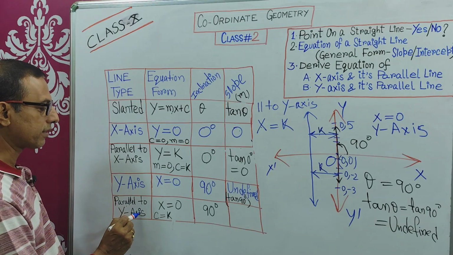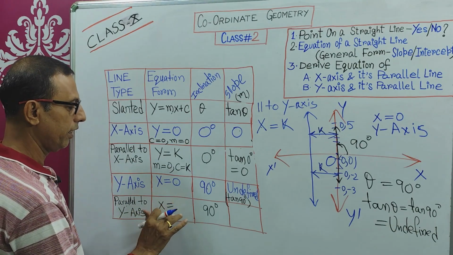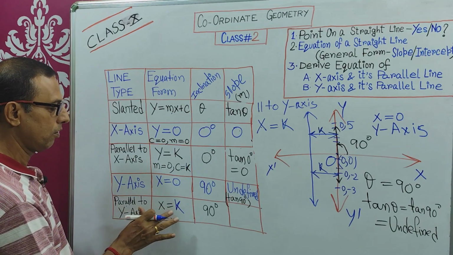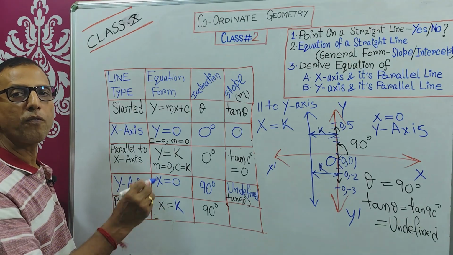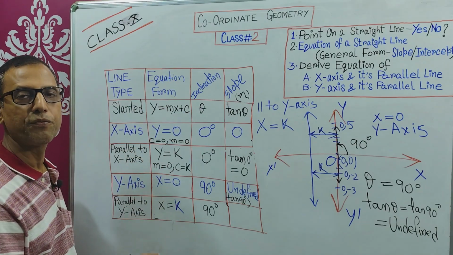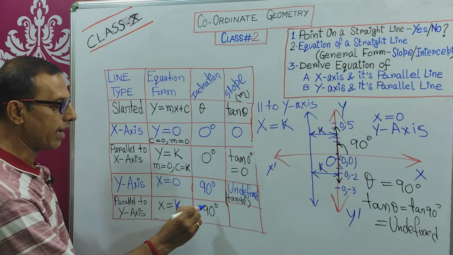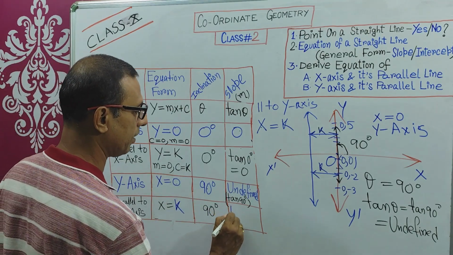Parallel to the y-axis, it is not x equals 0 but x equals k, where k is the value of the x coordinate along the line everywhere. As usual, the inclination is 90 degrees and the slope is undefined.